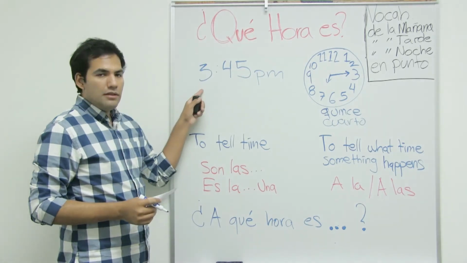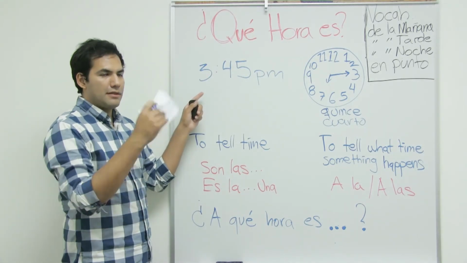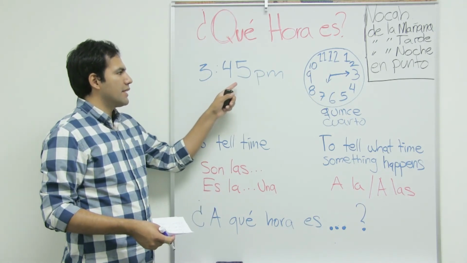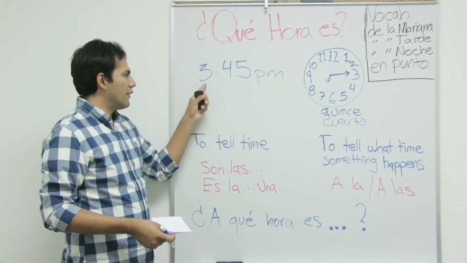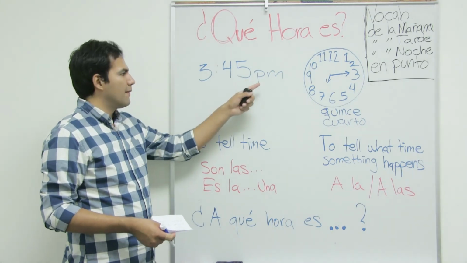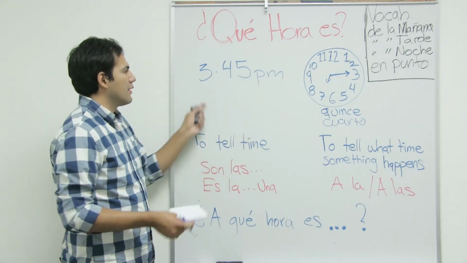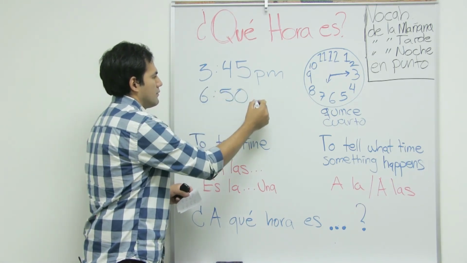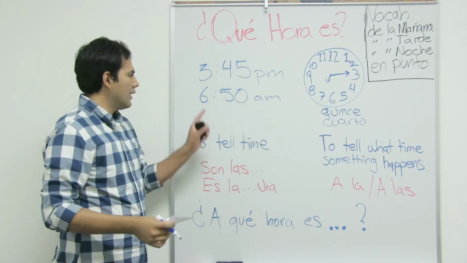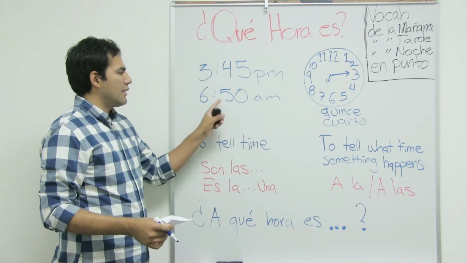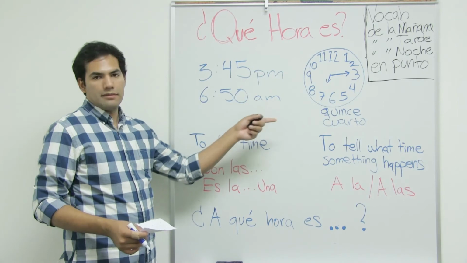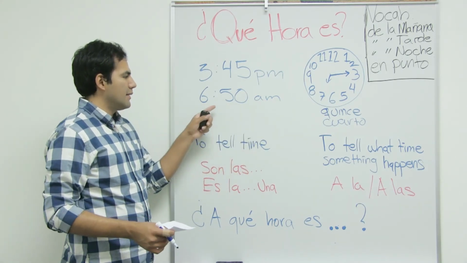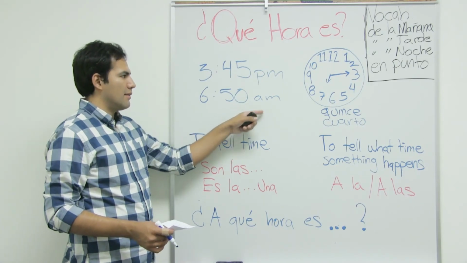Son las 4, and I said 4 because we're going to the next hour. 4 menos 15. Another way is 7 menos 10 de la mañana. So 7 minus 10 a.m.